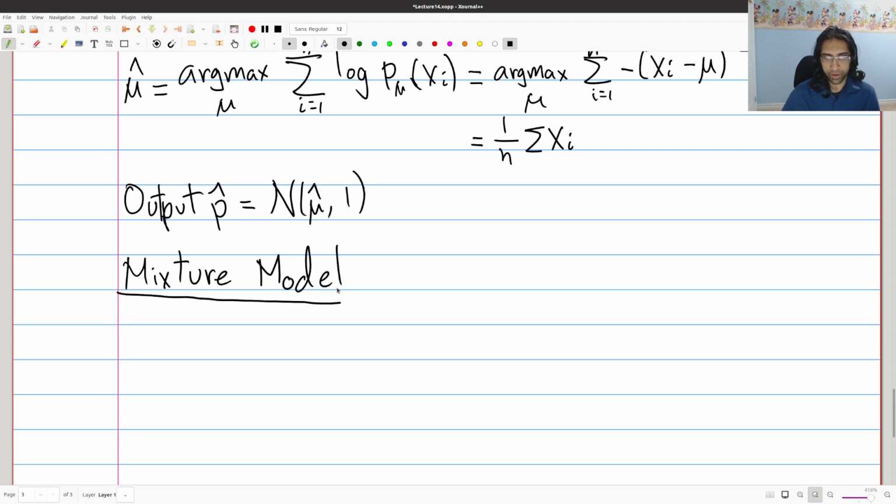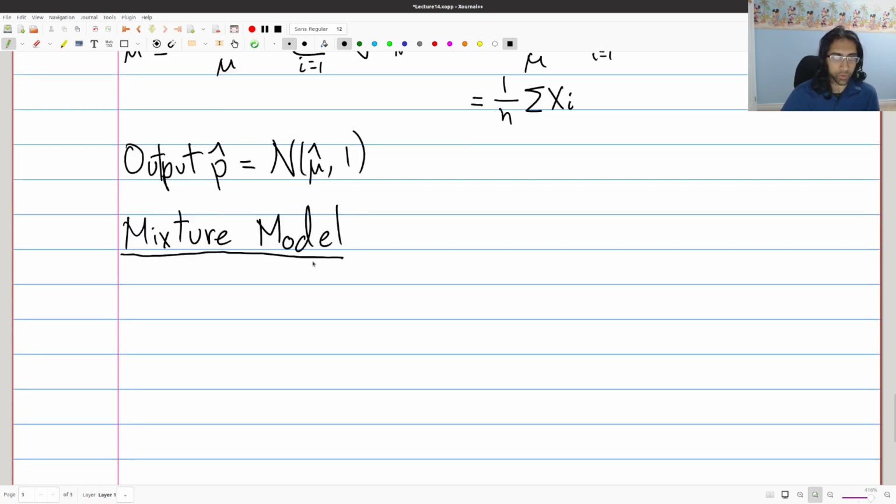So a mixture model is a very common type of modeling assumption, and let me write what they are. It might seem a little bit arcane in terms of the definition, but it's actually a pretty intuitive definition when I talk about how we sample from it. So a mixture model is just a density, a probability distribution, and it's defined as follows.